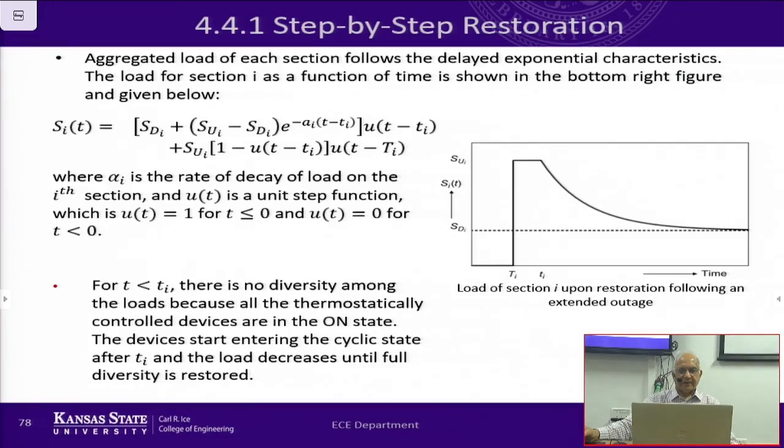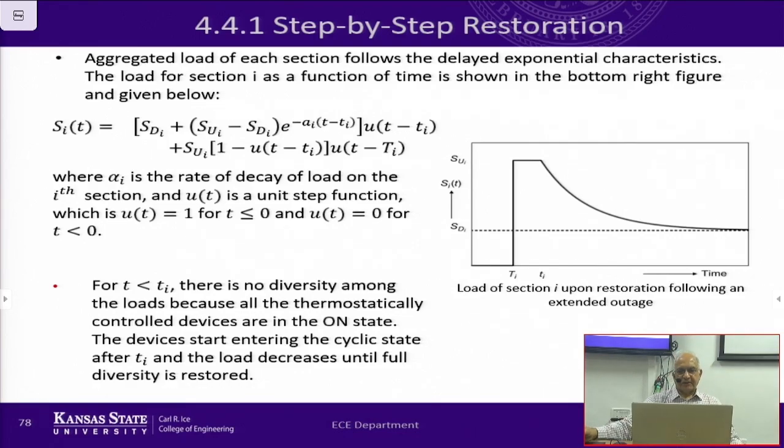And then this u here is the unit step function. I don't know if anybody who has done electrical engineering will know the unit step function, which is just a step function.